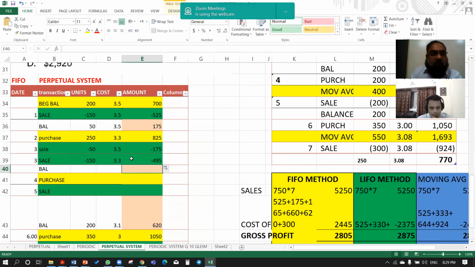So right here we can see that we had two lots. We had 50 and 250. 50 we have totally sold, and out of this 250, 150 sold. So how much is left in the second lot balance? 100 units at 3.3, so this will be 330.